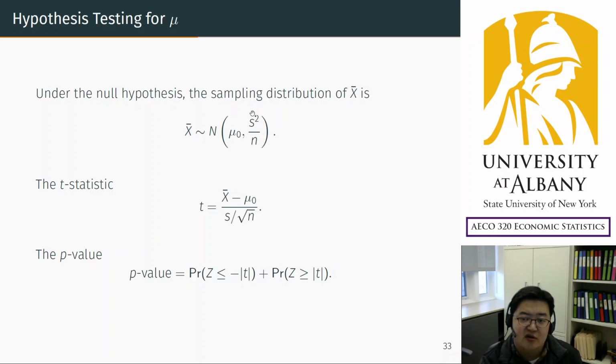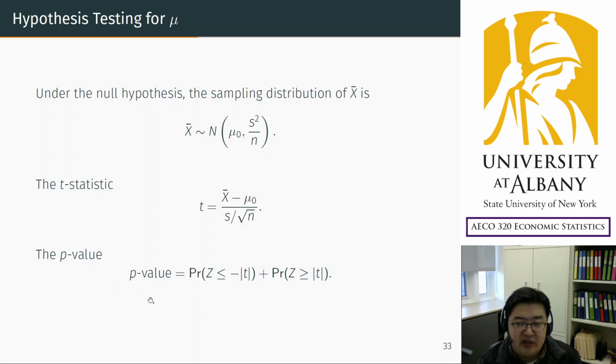Sampling distribution theory by the central limit theorem. And we define the t-statistic, which internalizes the standardization process. The t-statistic takes this form, and for the p-value, after the standardization, apply the standard normal distribution probability.